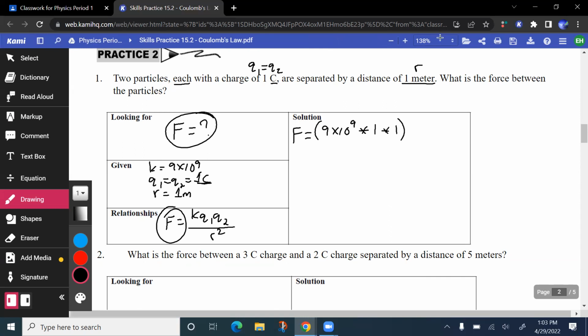So times charge 1 times charge 2. Then close the parentheses, divided by open parentheses. Well, R is your 1 meter, close parentheses, squared. Take a second to put that in your calculator, and let's come up with the solution.